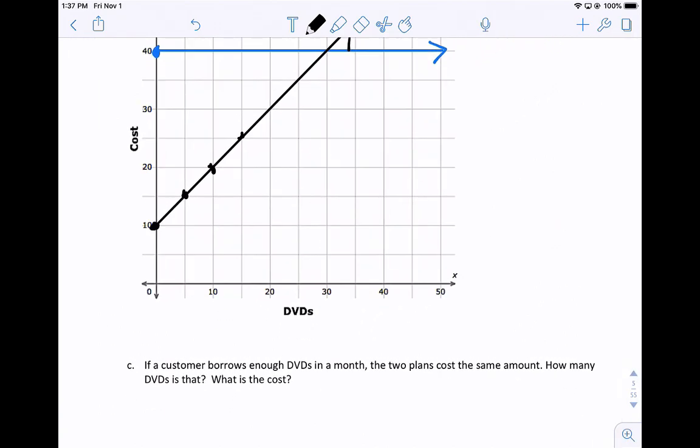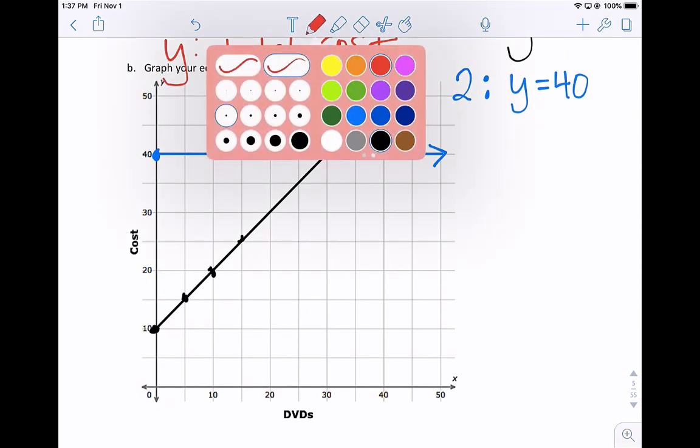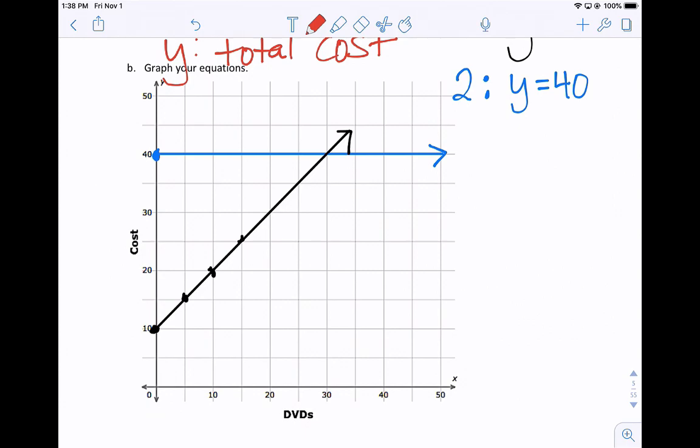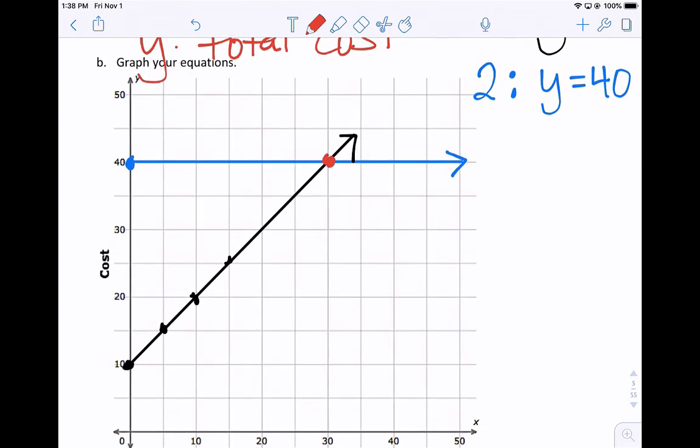If a customer borrows enough DVDs in a month, the 2 plans cost the same amount. How many DVDs is that, and what is the cost? So again, when you're solving a system, you're looking for where they intersect. The 2 lines cross at the point, it looks like (30, 40). So let's talk about what that means.